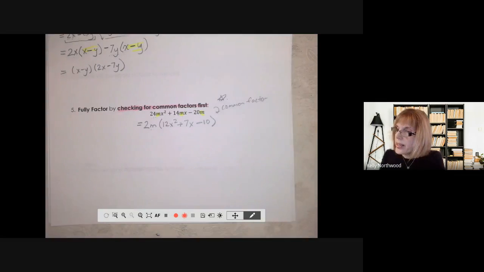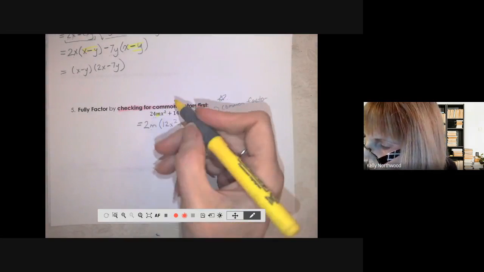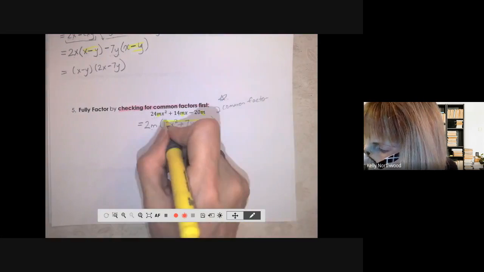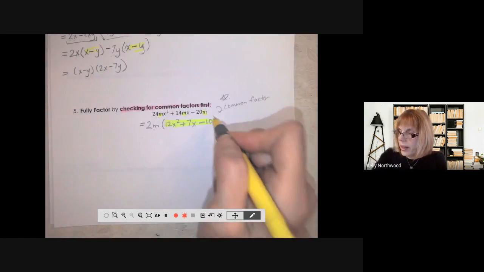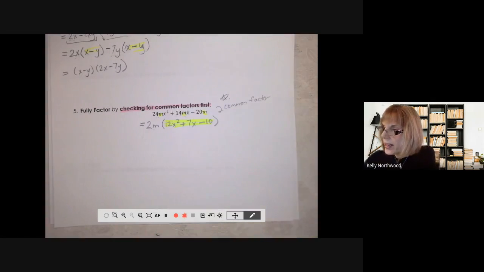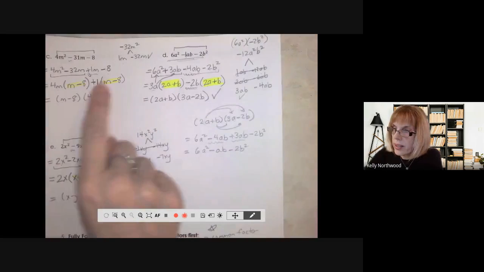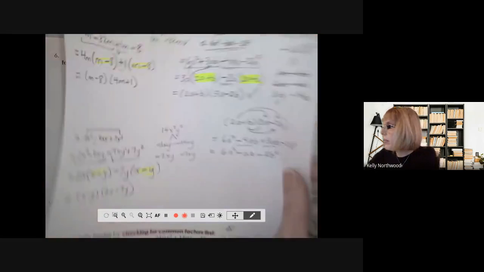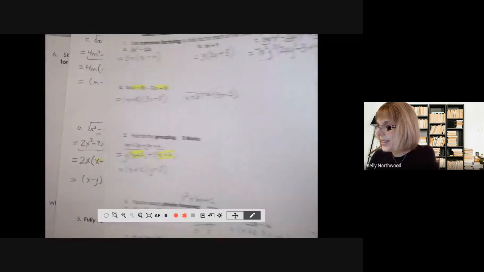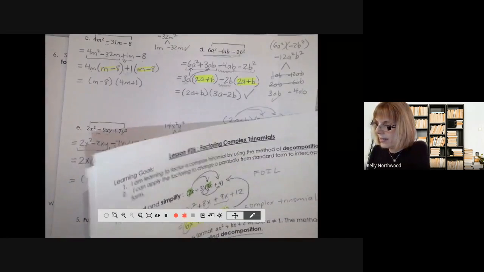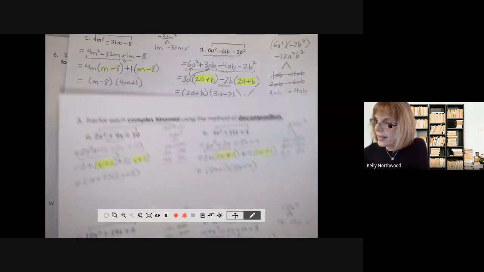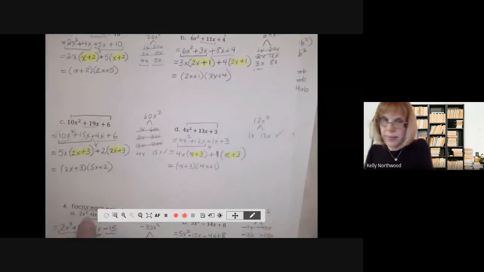So now you're going to look inside the bracket and see if what's inside the bracket can be factored further. And you should see that it looks like one of these questions, maybe even on the page before this. It looks like, nope, that's from the assignment. Sorry, guys. It looks like one of these.